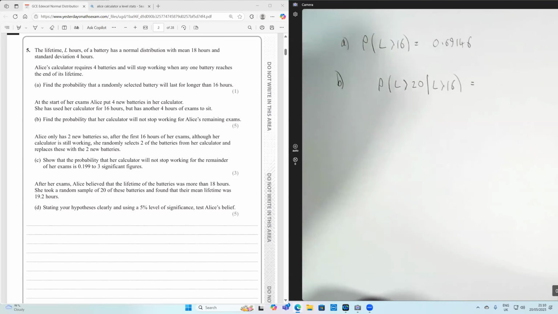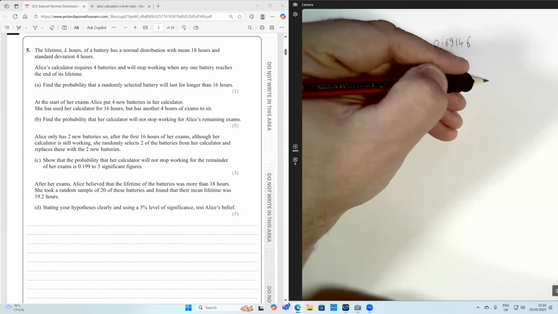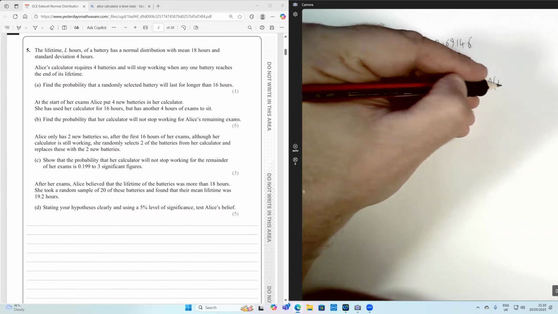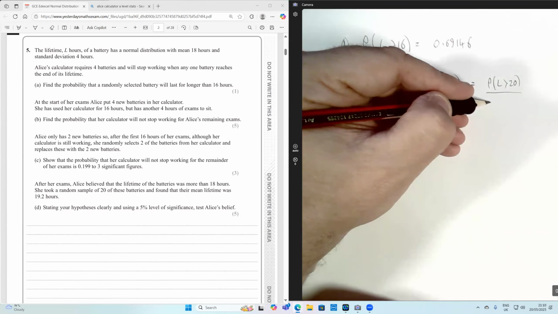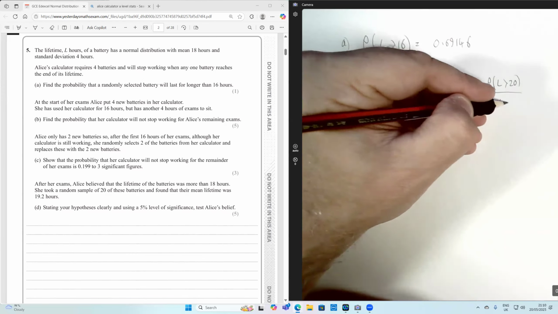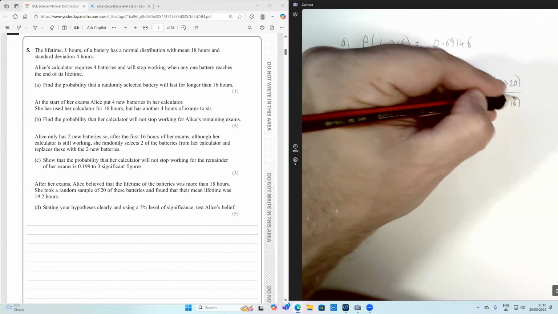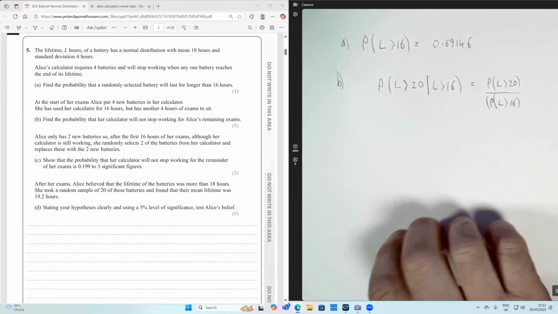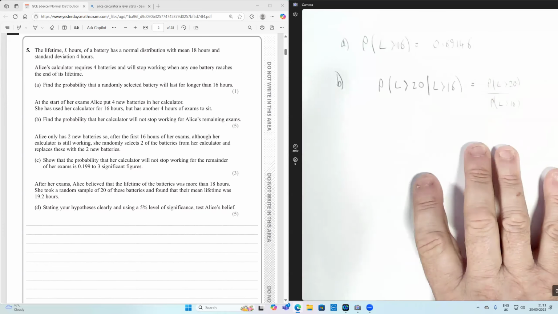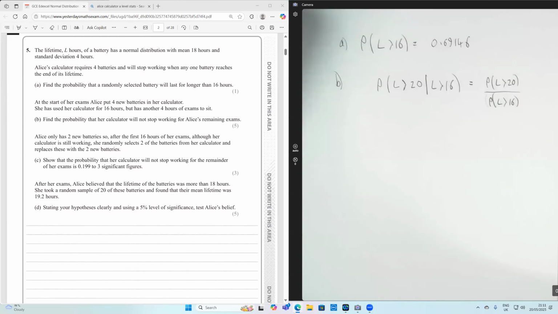So another way to represent this is the probability of the lifetime of a battery being greater than 20, given that the lifetime is already greater than 16. That is a fraction like that.